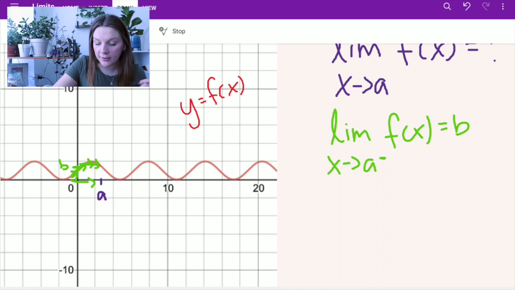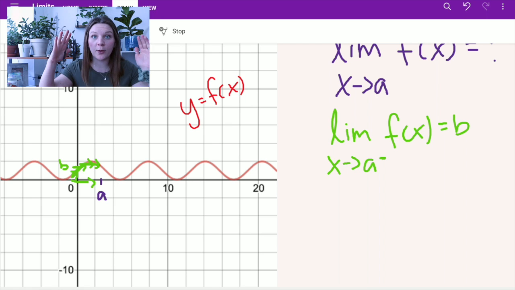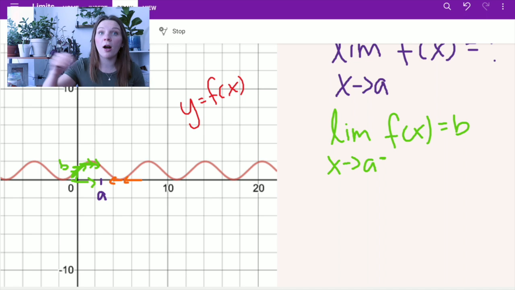If I do the same thing from the other side, so if I want to look at the limit as I approach from the right, let's pick a new color, then I'm taking values of x getting closer and closer to a from the right, so I'm taking smaller and smaller values, and I'm traveling along my curve from the right.